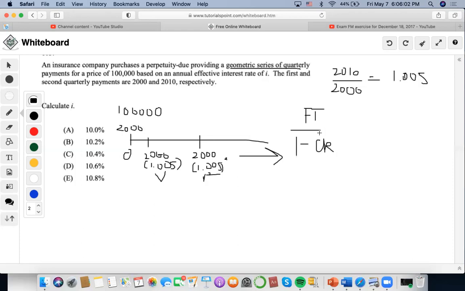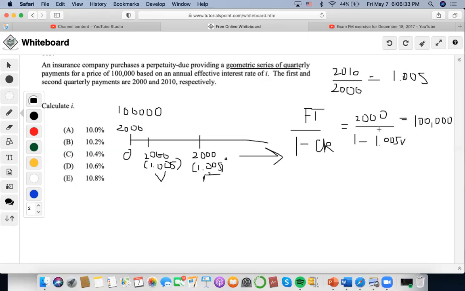Notice that the first term equals 2,000, over 1 minus the common ratio. So what is the common ratio? It is 1.005v. Now we're going to set this equal to 100,000, and we're going to find v.